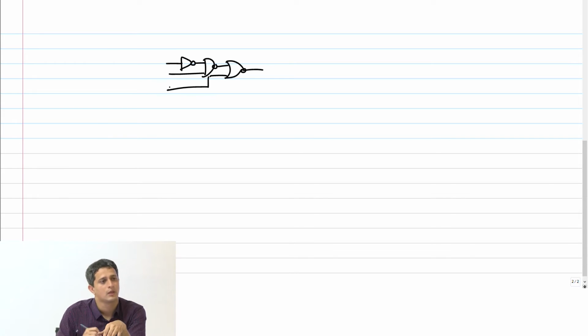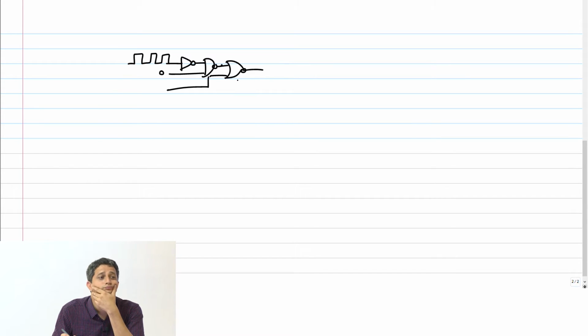Okay. So now the point is, if I have an arbitrary circuit like this, right, and let's say that this input is 0, and then this input is switching constantly. What will happen to this output?